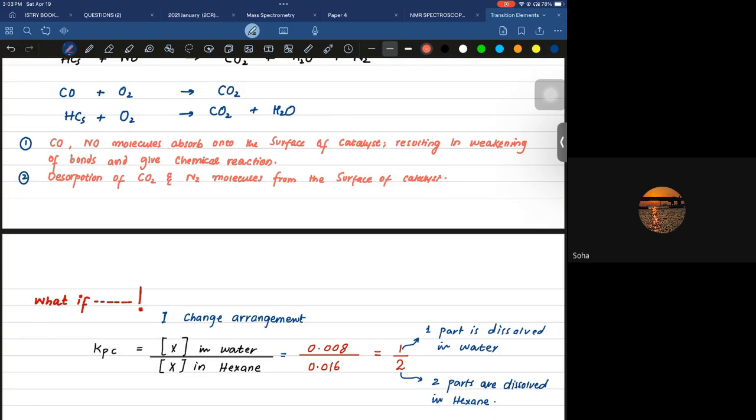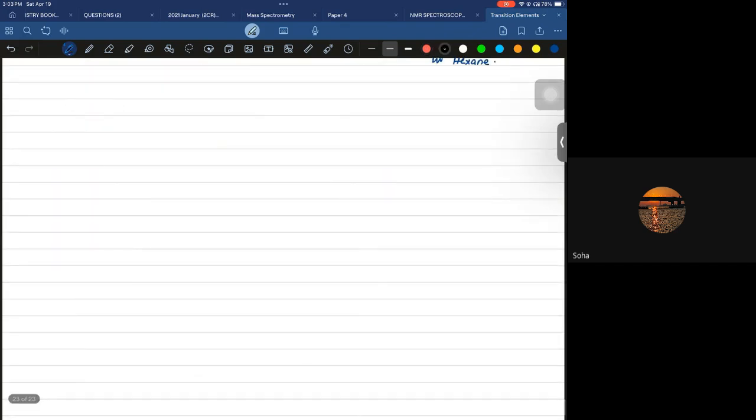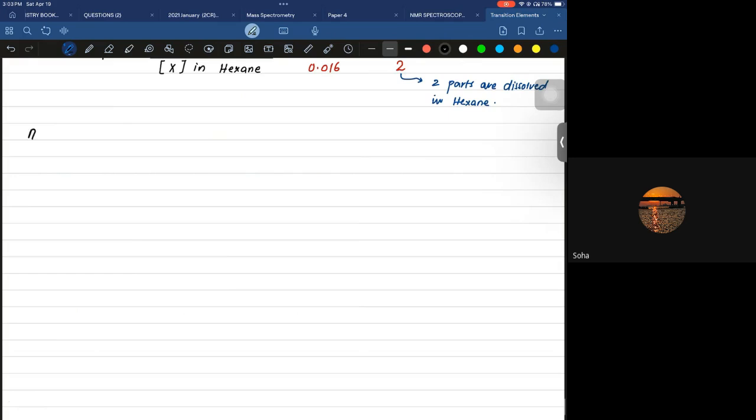And then we have autocatalysis. You know what autocatalysis is? Autocatalysis means, let's suppose I have A, it's going to react with B, and C and D are formed.